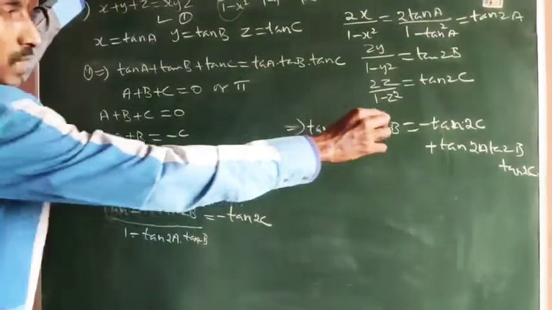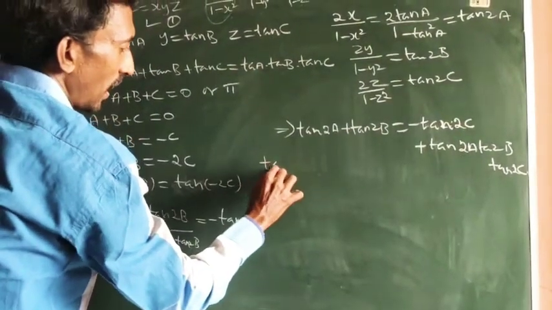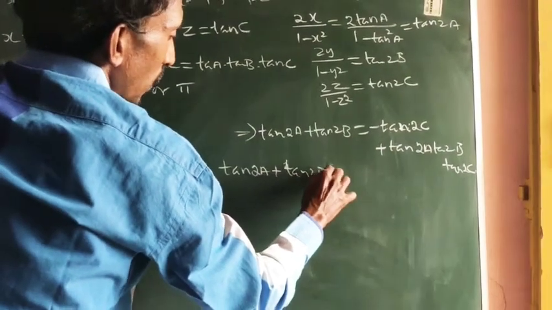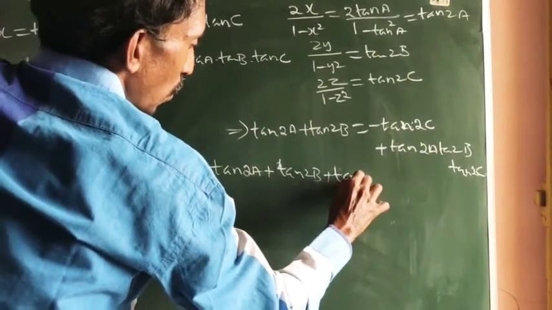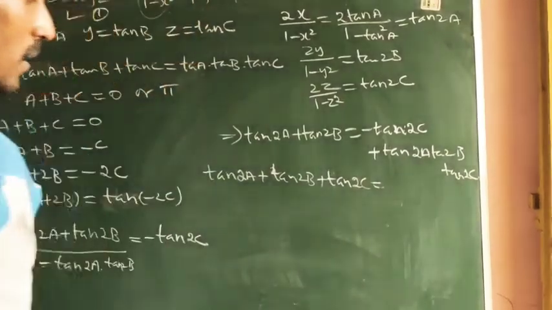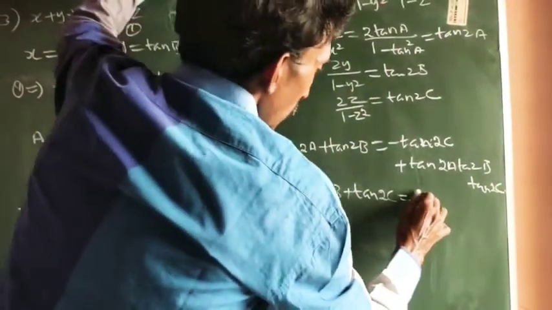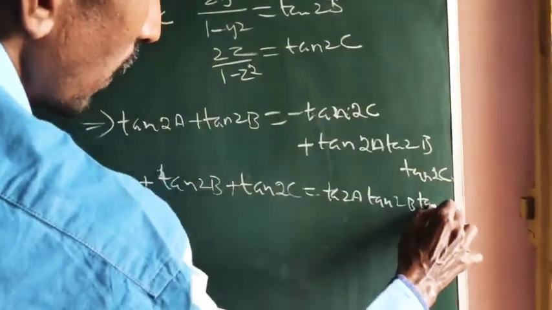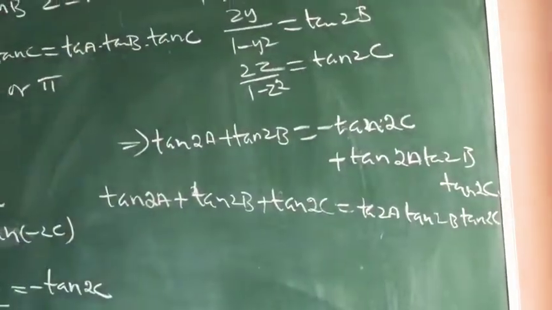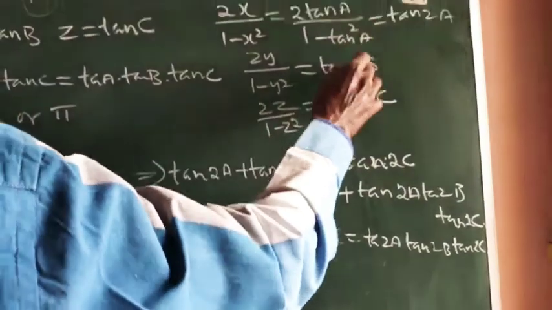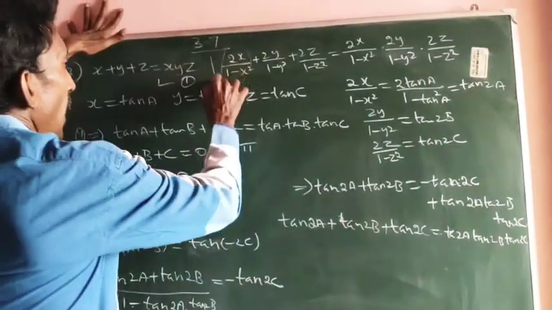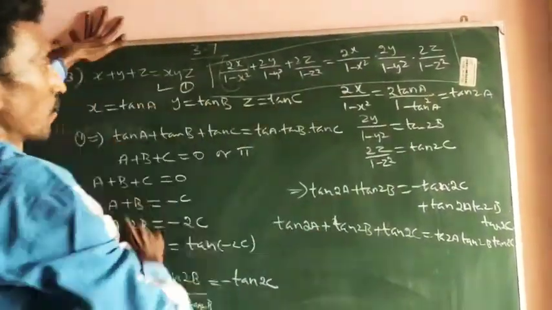So change the side of this one. We are getting tan 2A plus tan 2B plus tan 2C equal to tan 2A into tan 2B into tan 2C. Already what is tan 2A, tan 2B, tan 2C? Use those values. We are getting the required answer.